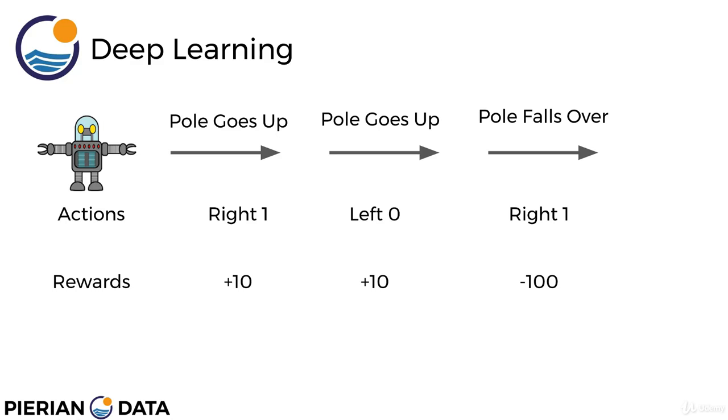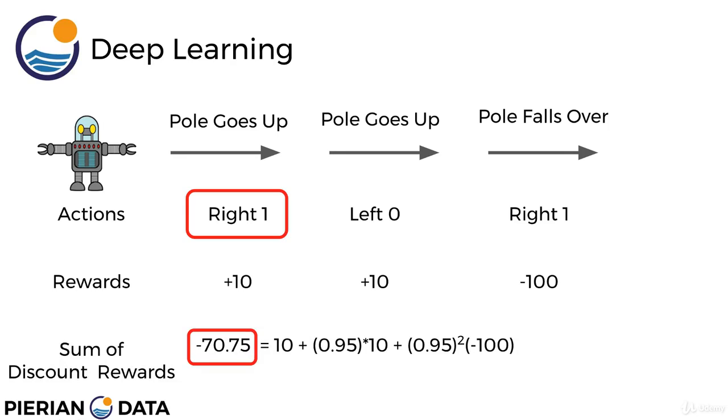So what we want to do is analyze the score of that first right, and we're only looking at 3 time steps here. Typically what we did in the last neural network is we just assigned plus 10 to this action of going right. However, in a policy gradient situation, we want to learn if going right happened to have an effect in the future, such as when the pole fell over.